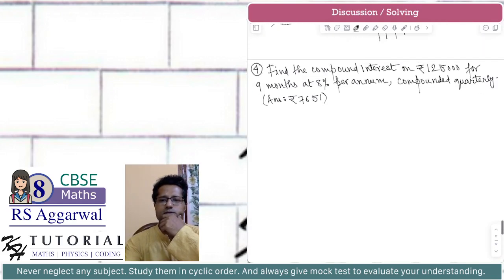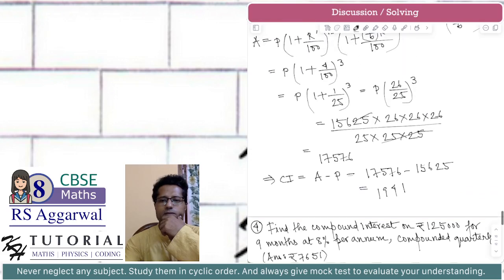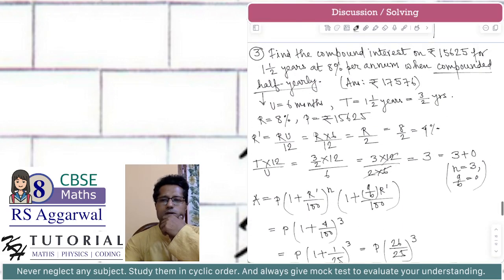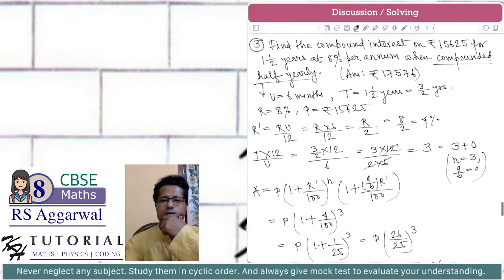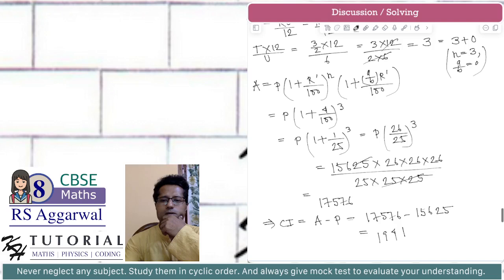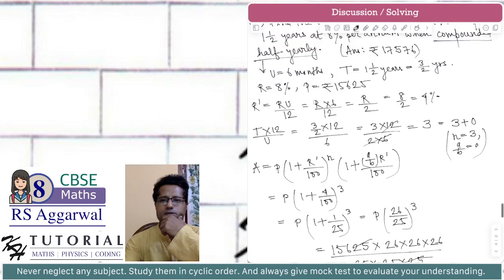My system is really behaving very weirdly because the answer is 1517576.